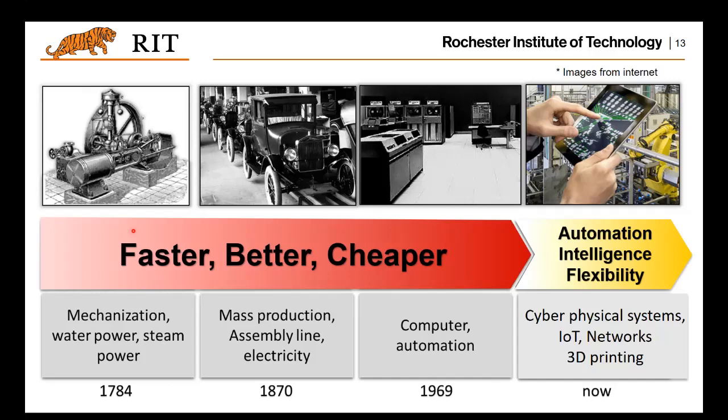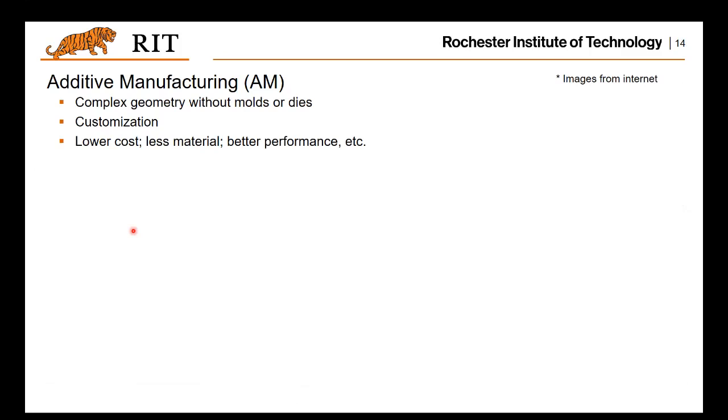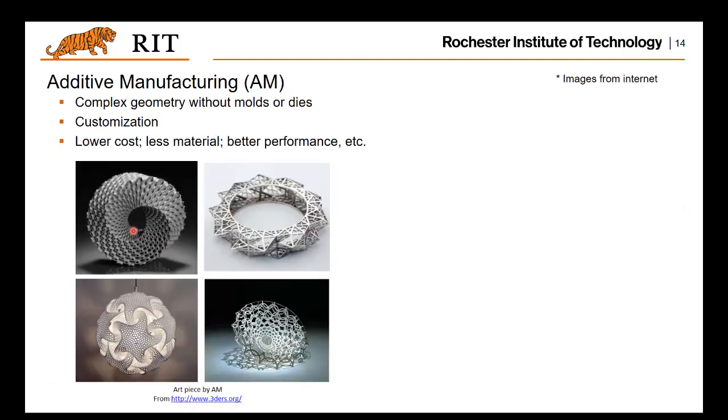So what role does additive manufacturing play in this industrial revolution? Let's look at some of the benefits of additive. Basically, it can produce complex geometry without the extra cost of molds and dies, such that it makes customization really low cost and possible, right?